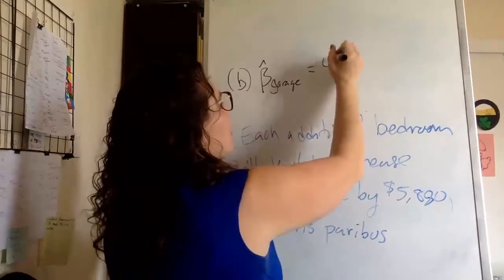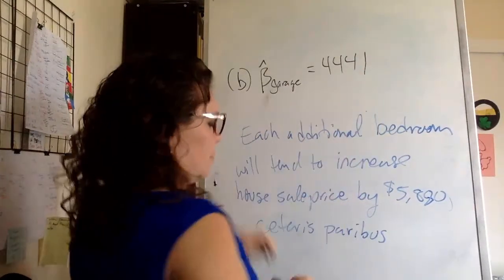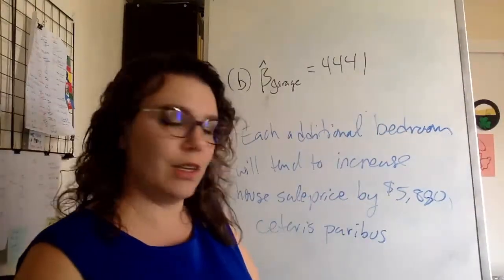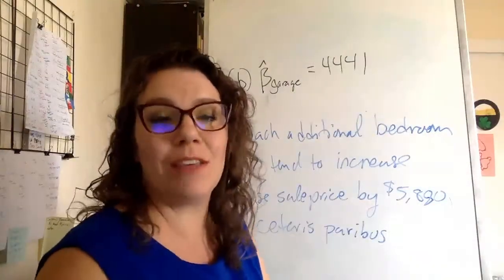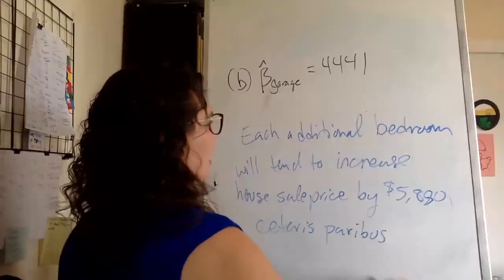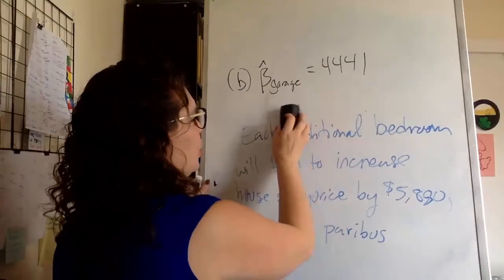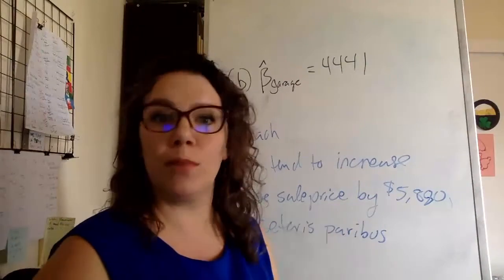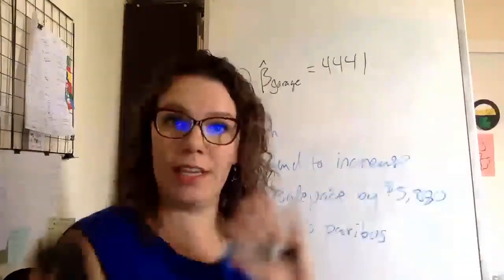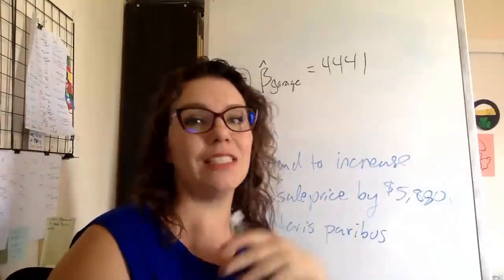So I'm going to say 4,441. And it's pretty similar, except now we know that garage is a dummy variable. And so we're not looking at each additional garage because there aren't numbers of garages. It just is or isn't. It's a binary, it's a dummy, it's not quantitative.